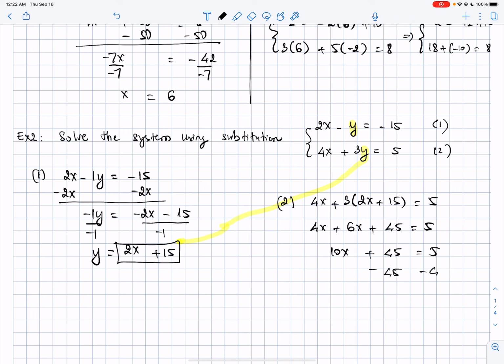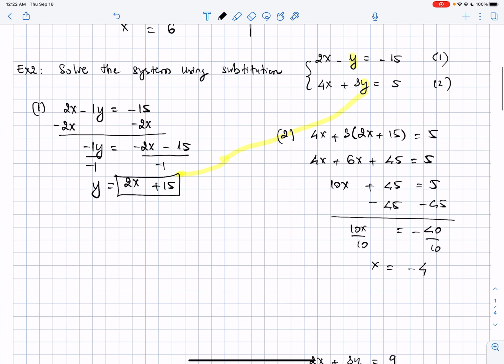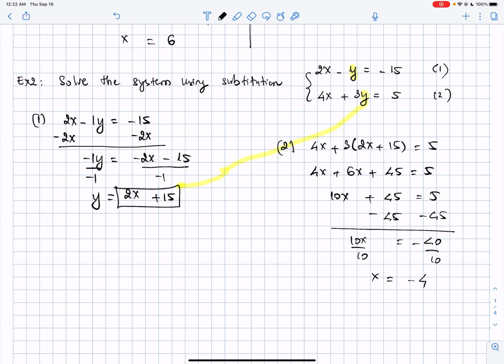Then we will subtract 45 from both sides, and we divide both sides by 10. To solve for x, we get negative 4. And to solve for y, we will plug back into equation number 1 or equation number 2.